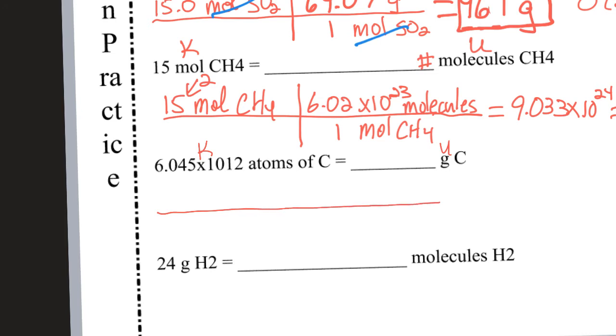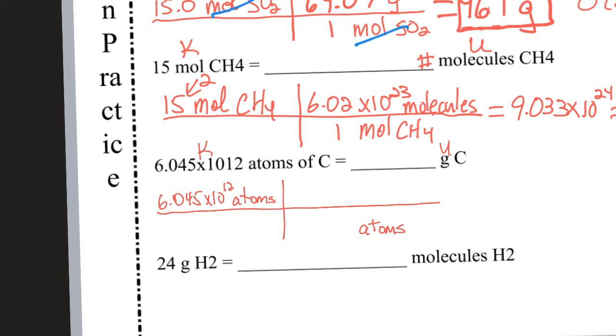I'm going to do my table. 6.045 times 10 to the 12th atoms. So if I have atoms on the top, I'm going to need atoms on the bottom. So the first question is, I'm going to need to go through the mole.